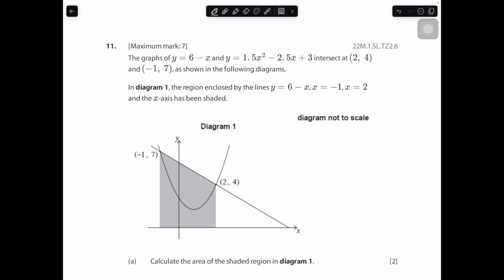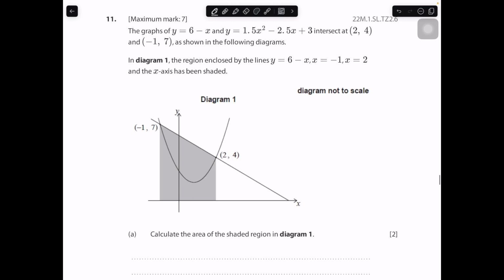Graph of y equals 6 minus x and y equals 1.5x squared minus 2.5x plus 3 intersect at (2, 4) and (negative 1, 7) as shown in the diagram. In diagram 1, the region enclosed by the lines y equals 6 minus x, x equals negative 1, x equals 2, and the x-axis has been shaded. So what are they saying? Here is y equals 6 minus x, this line right here.